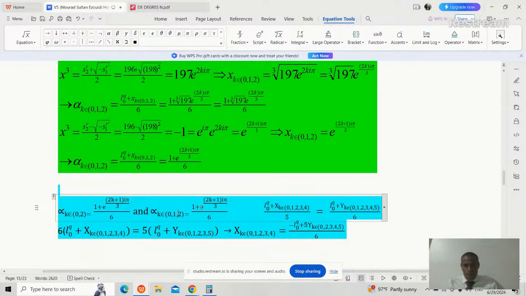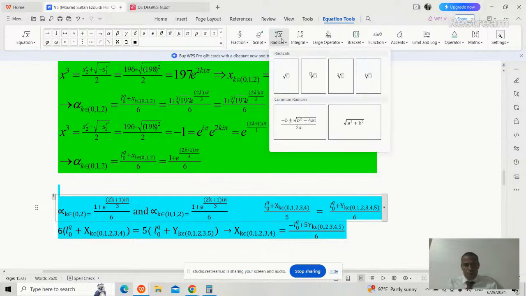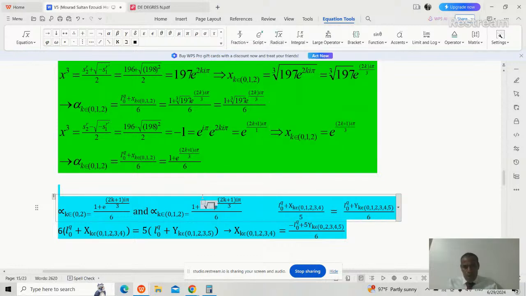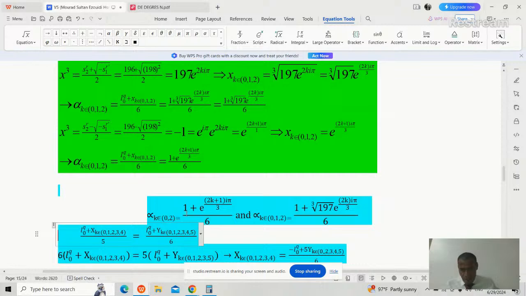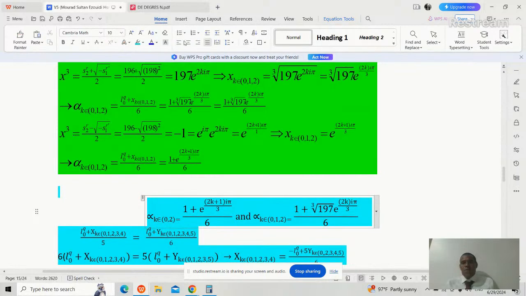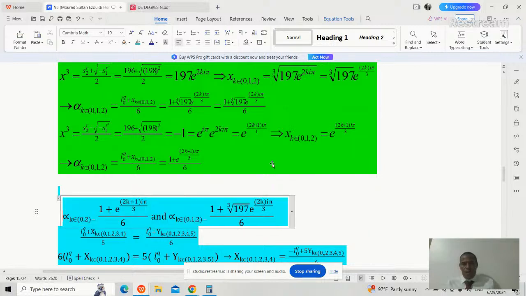It will be the cube root, exponential of 2k only, pi divided by 3. So these are the roots, learners. I wish that you got the point.